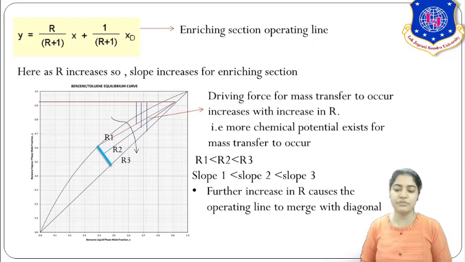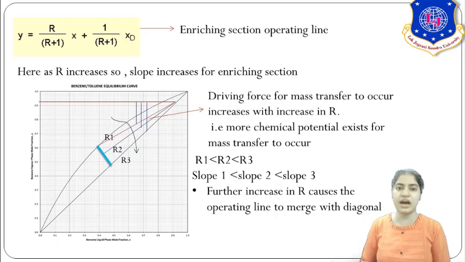From the graph you can see that as you increase the reflux ratio, the slope of the enriching section operating line increases. The slope here is R upon R plus 1. So if you increase the R value, the slope also increases. Further increasing R causes the operating line to merge with the diagonal.